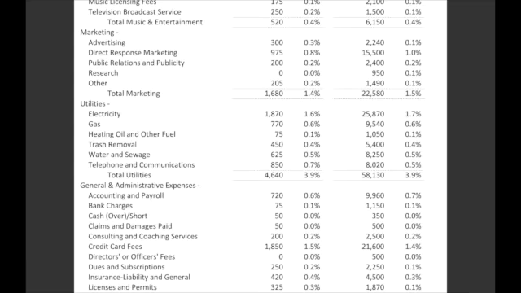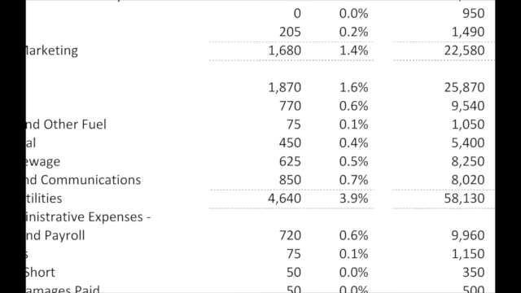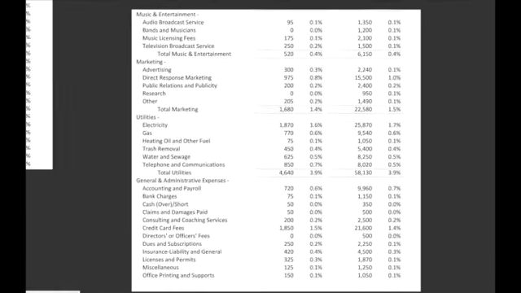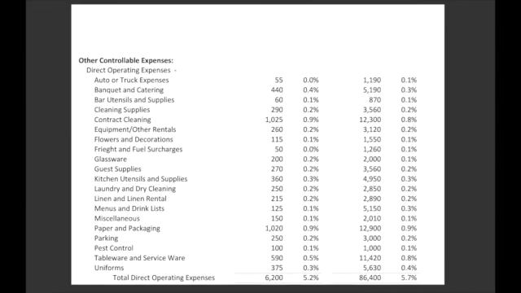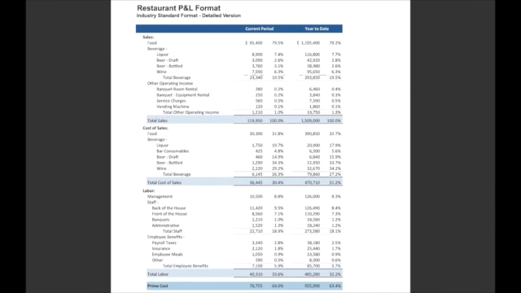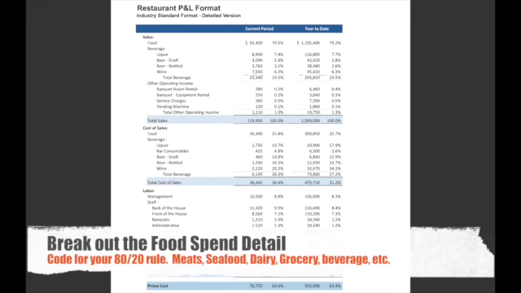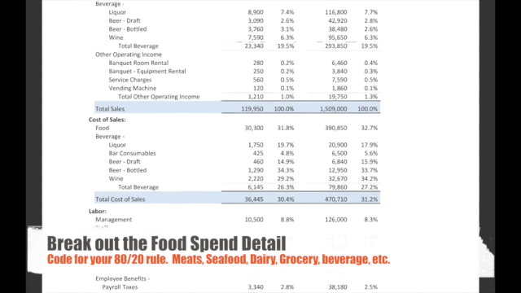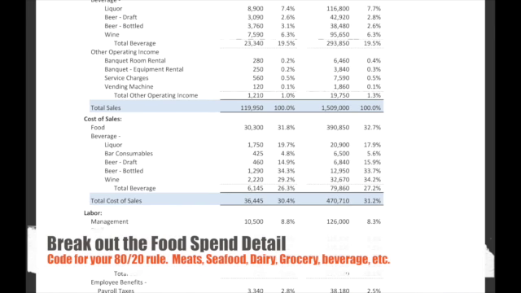In fact, we can take this up a bit further. Excuse me for that big glaring piece here. Let's go back over to your food sales. Under your cost of food, you can break down your food even more, and you can break that out by meats, by poultry, seafood.